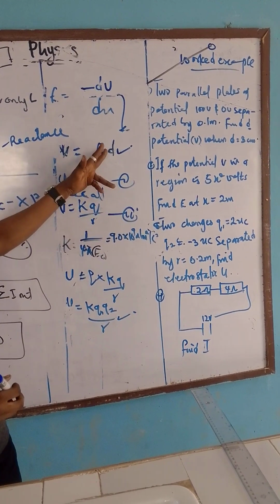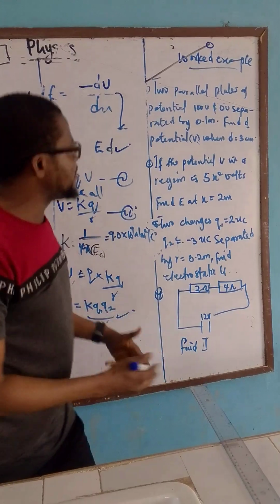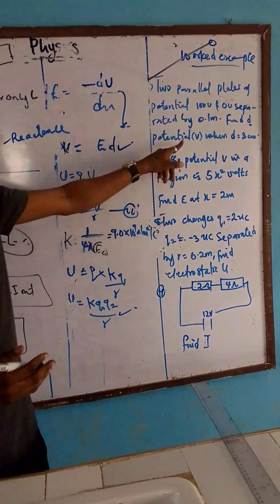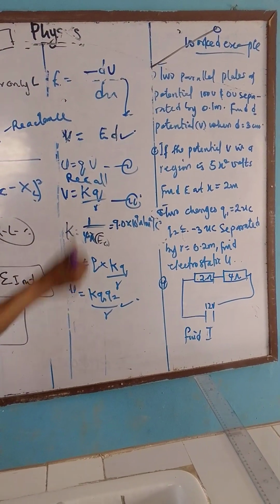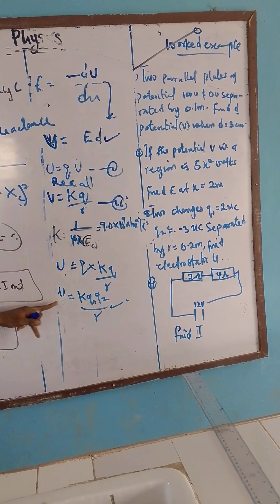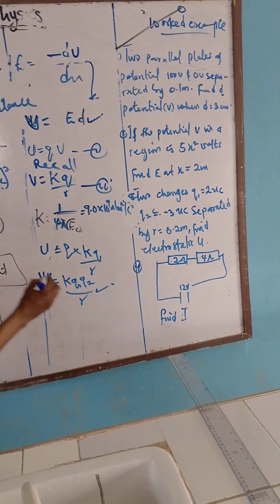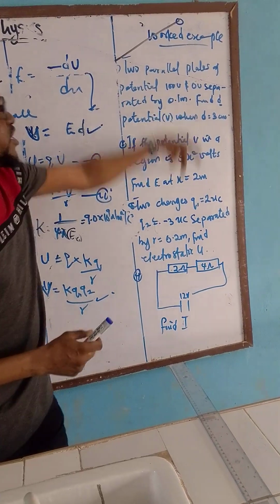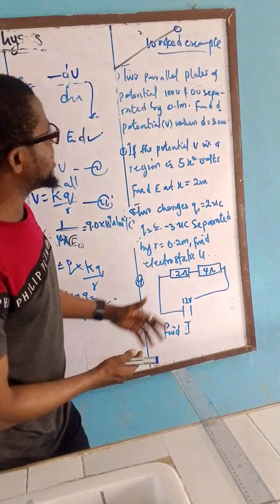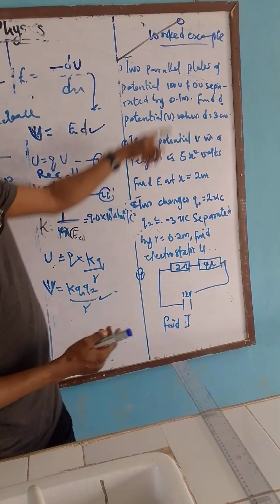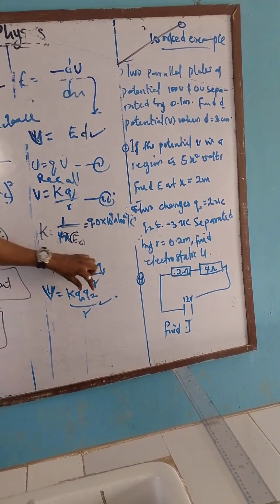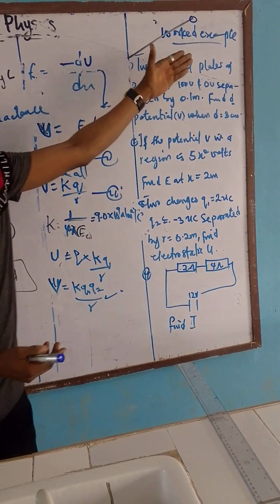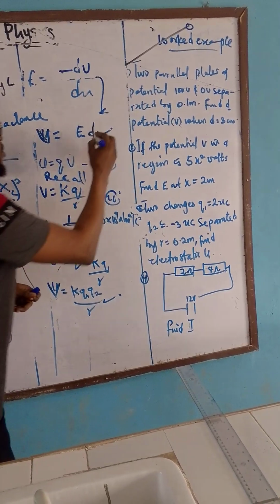Why I am going for this or this is because they say find potential V, and on the board I know that I either use this or this. Which one am I picking? It depends on the information. The information here has distance and V, but here you can see charge, and there's nothing like charge here. It shows that this is the one I can use.